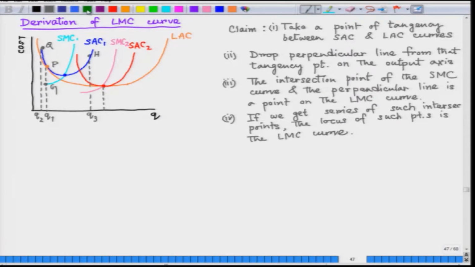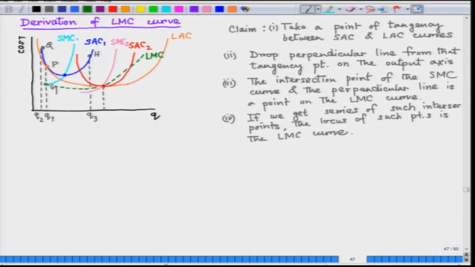So now we can join these 2 points, and there will be other points as well, but let us not make this graph a cluttered one. So we can get something like this, right. That is the long run marginal cost curve. Now why is this so? For that we need to now discuss with these individual points Q and H and P.